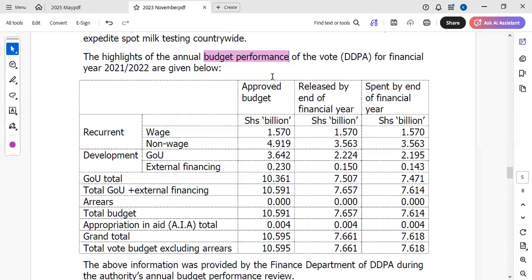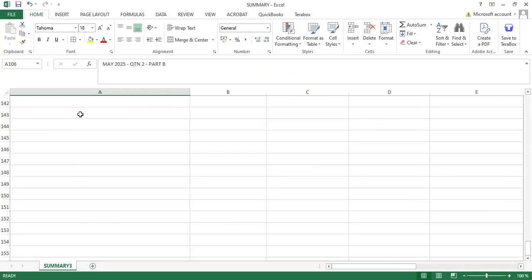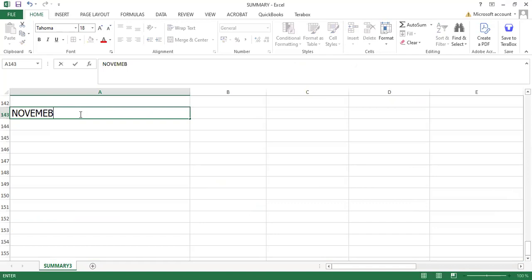Now, how are you going to get the budget spent, the budget release, the release spent? This is what you're going to do. November 2023, Question 2B.